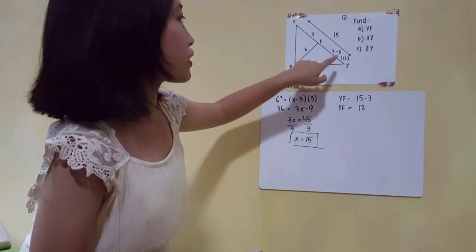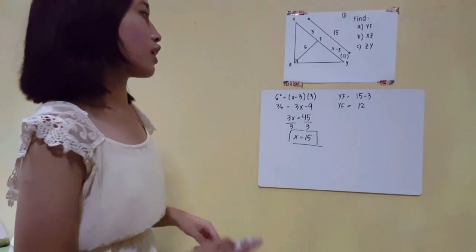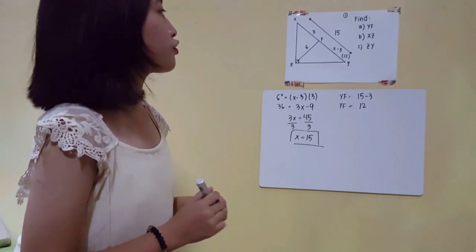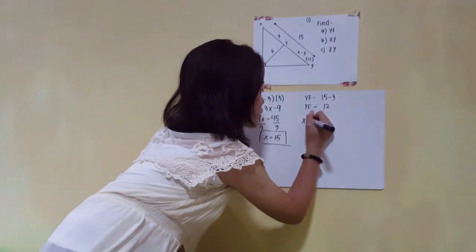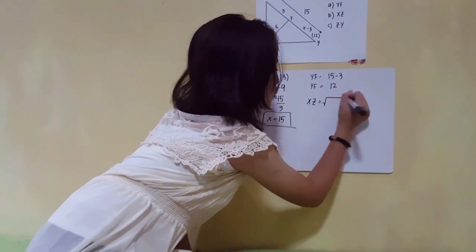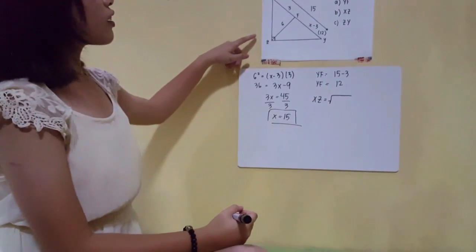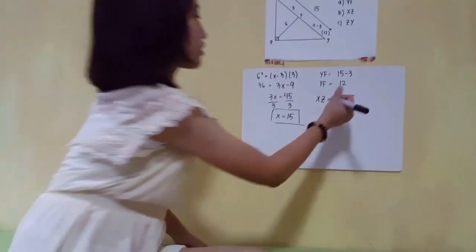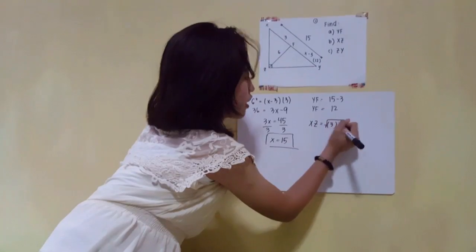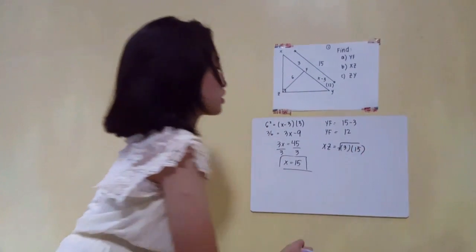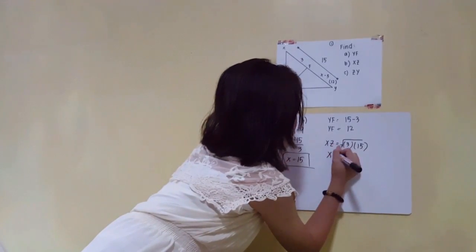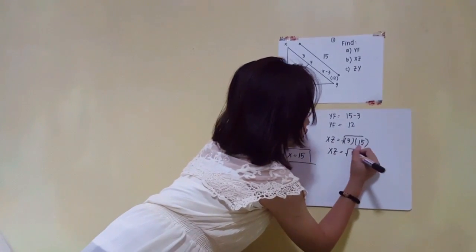So 3 plus 12 is equal to 15, which is the hypotenuse. To find XZ, we will simply equate this into XZ is equal to the square root of the adjacent side and the hypotenuse. Simplifying this, XZ is equal to the square root of 45.